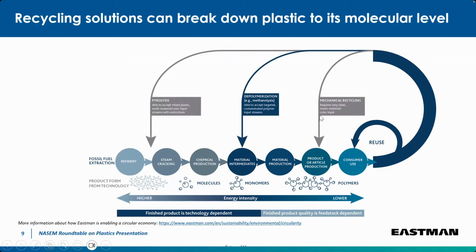In this case, you're going to be producing pyrolysis oil or pyrolysis gas, and generally the pyrolysis oil is going to go back into that steam cracking process again. So with different technologies, you have different inputs, you have different outputs, and you have pretty significantly different environmental impacts that will go along with those technologies. So let's talk a little bit about what Eastman is doing, specifically in this methanolysis space. We're focusing on PET and polyester-based materials.